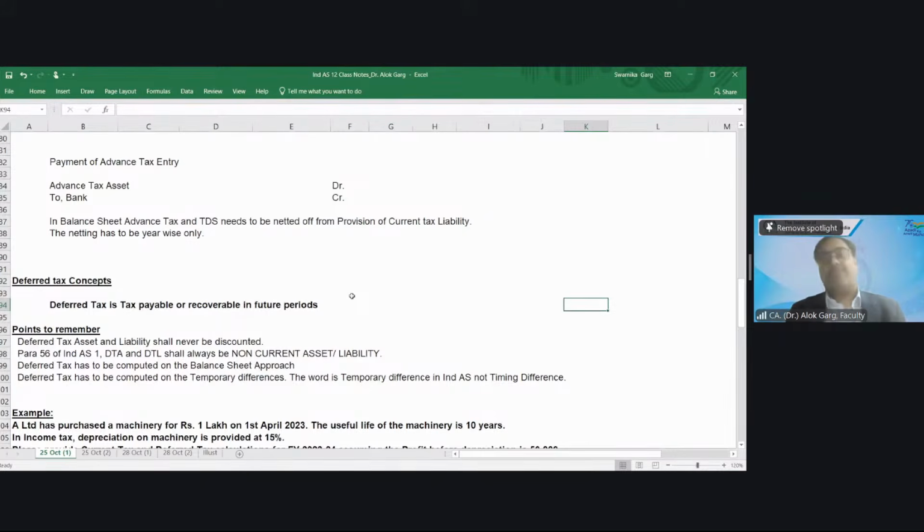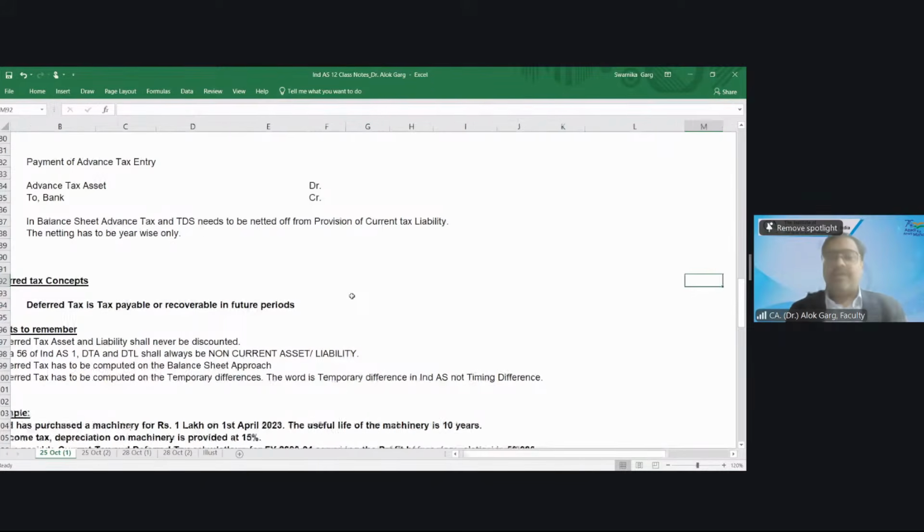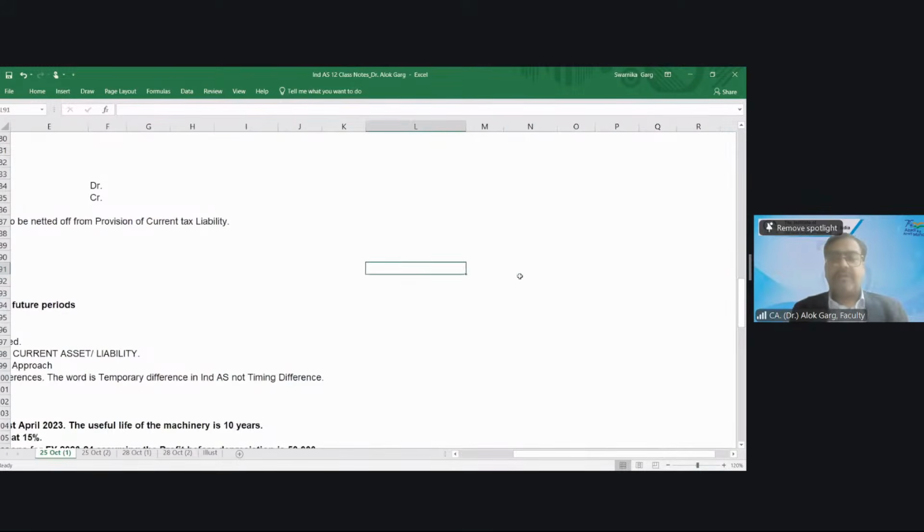So when you are preparing a balance sheet, there is a balance sheet as per Ind AS and a balance sheet as per income tax provisions.